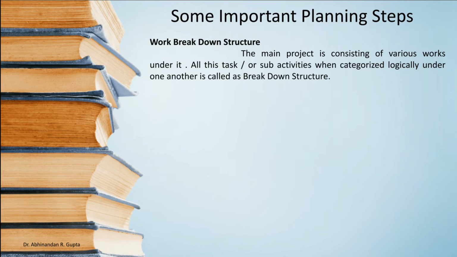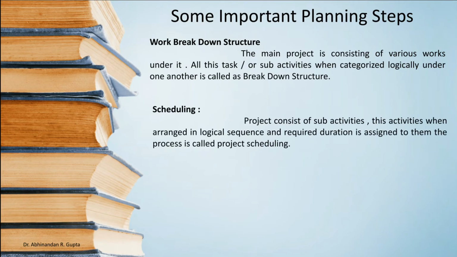In substructure, we consider activities like marking, excavation, PCC, footing, step column work, and refilling work. In superstructure, we consider columns and beam casting, slab casting, brickwork, plastering, flooring, finishing, and plumbing. So we have just divided the complete project into smaller sections, but in a logical sequence. This is called work breakdown structure.